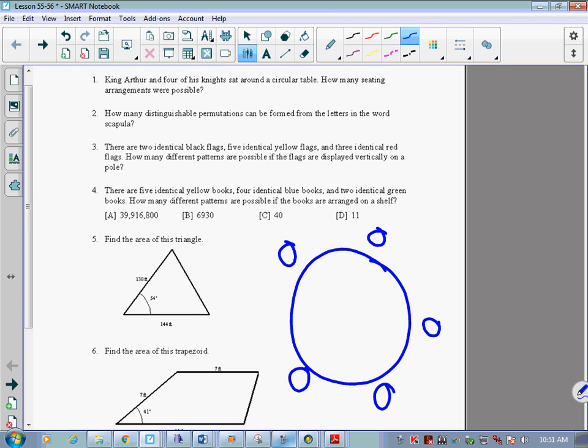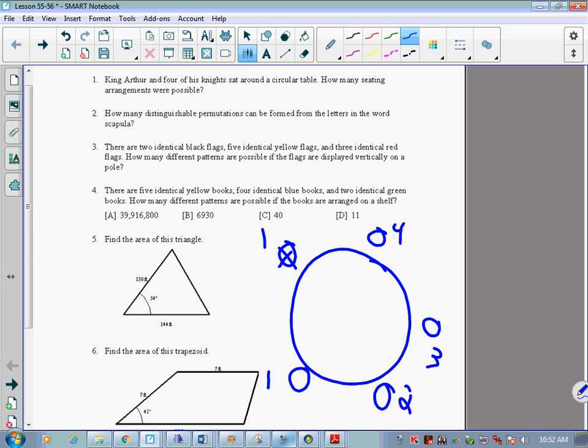Because it's not in a line, first, second, third, fourth, fifth, there is no first, second, third. So the first seat, only one person can sit in. But when we get to the next one, it goes 4, 3, 2, 1. So it's a little interesting.